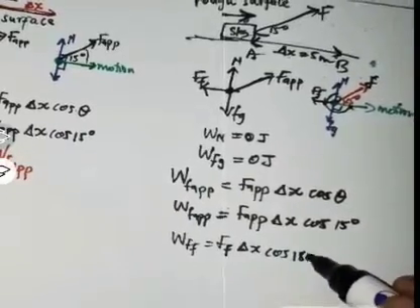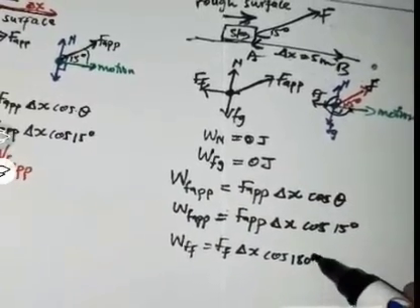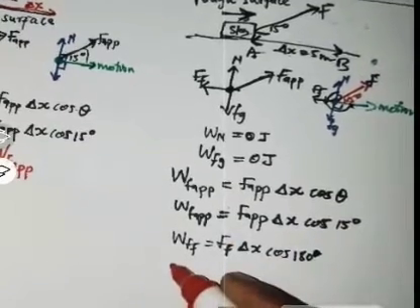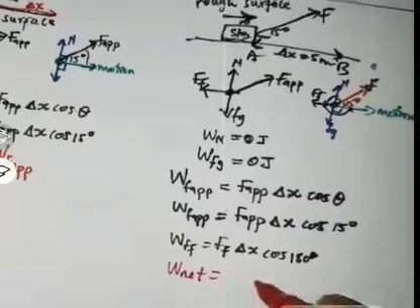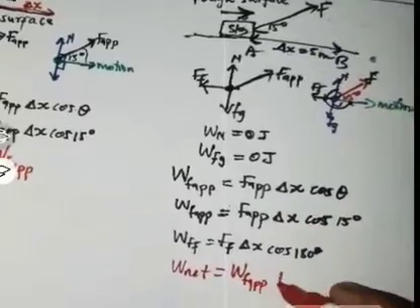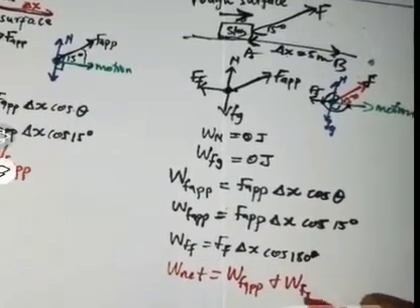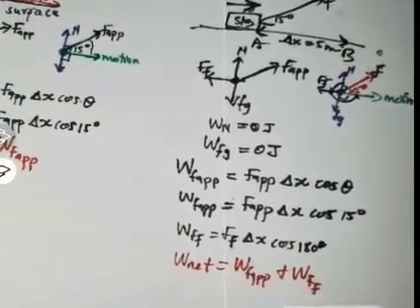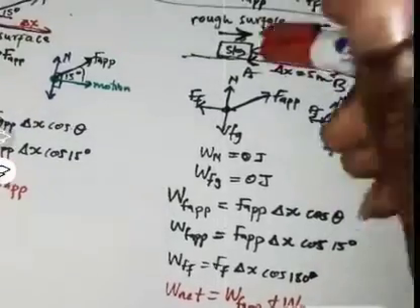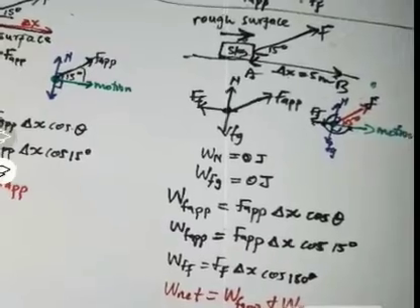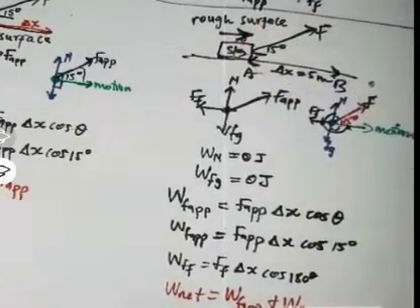And if that is the case, then the work net equals the work of force applied plus the work of the frictional force. Then that will be the net work done on this object as it's moving in that way. So rough surface, applied force, and then there is frictional force. So this is the net work done on this object.